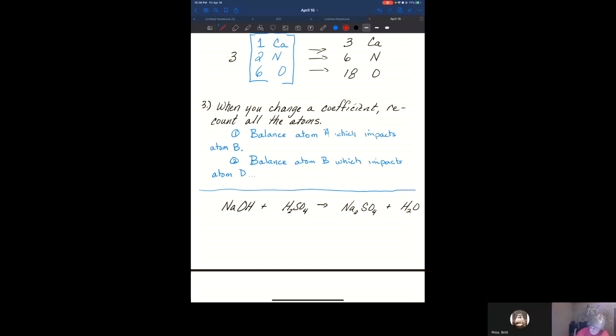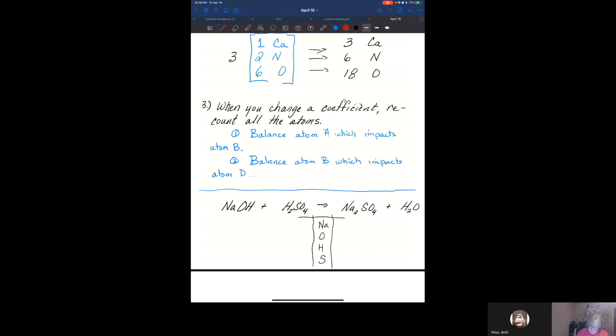Let's set our accounting up. Na, O, H, and then I get over to the sulfuric acid. I have H, I have S, and then I have O again. Perfect. All set.